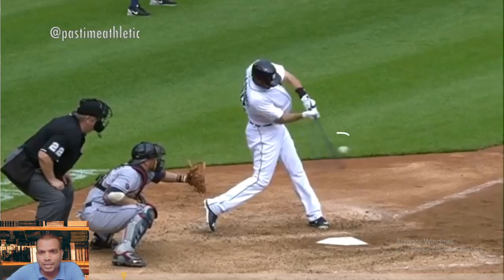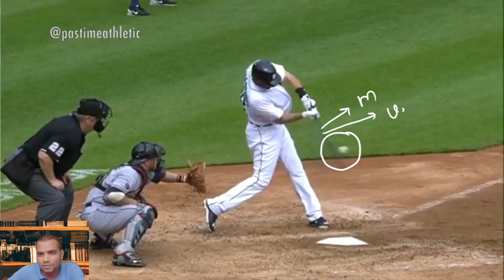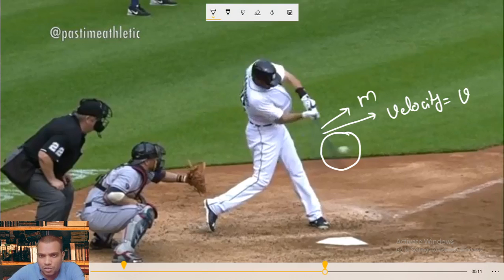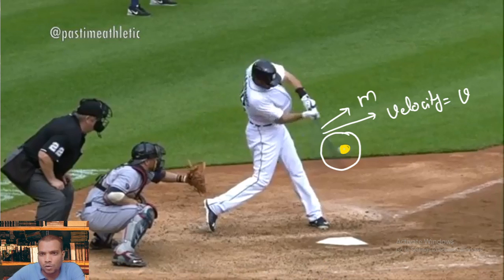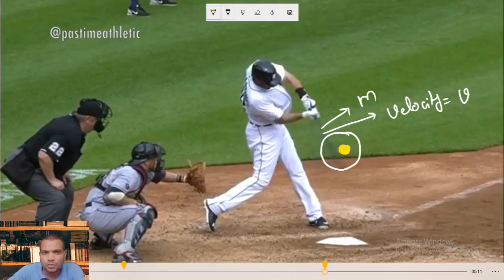Now here the bat is applying force on the ball. The bat mass equals m, but the bat velocity has changed. Its velocity equals v. Now how much force is applied on this ball? To calculate that, we need to figure out the change in momentum.